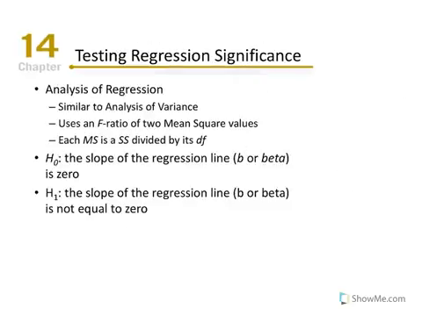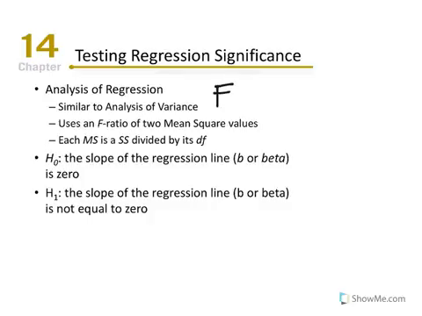So in order to test the regression line for significance, to see if the regression line is a good way to make predictions given the original correlation, we can use the analysis of variance, similar to what we did in Chapter 12.